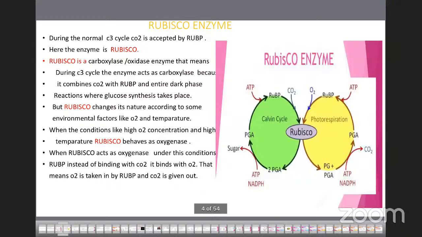During the normal C3 cycle we just discussed, CO2 is accepted by RUBP, and the helping enzyme is Rubisco.